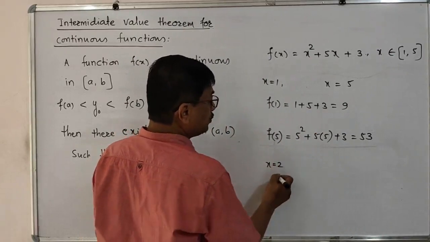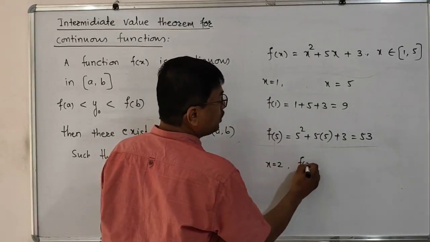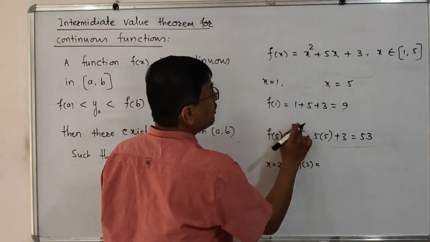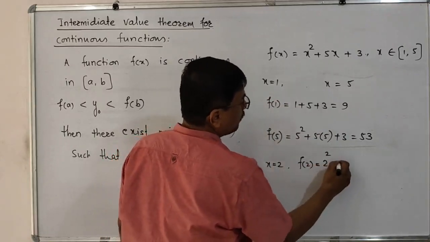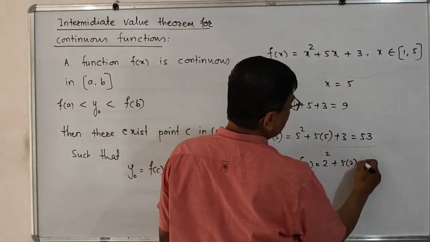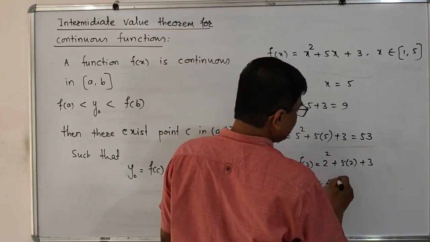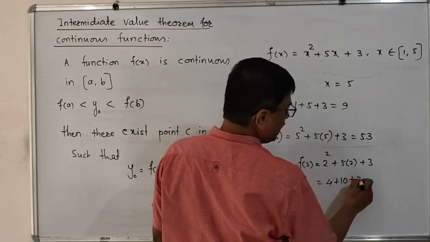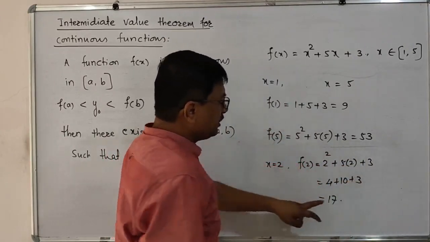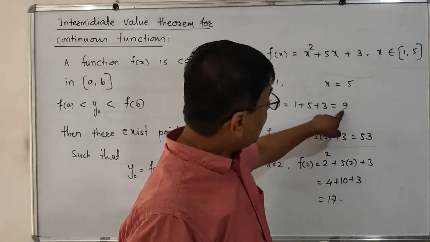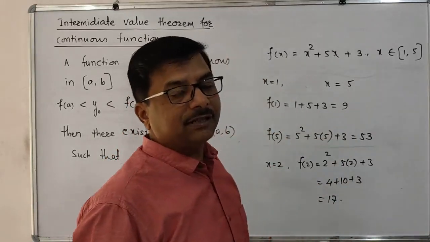Then f of 2 is equal to 2 square plus 5 into 2 plus 3, that is 4 plus 10 plus 3, that is 17, and this value 17 is lying between 9 and 53.